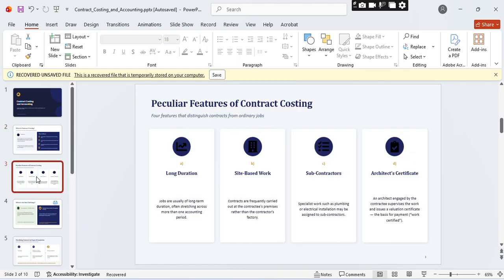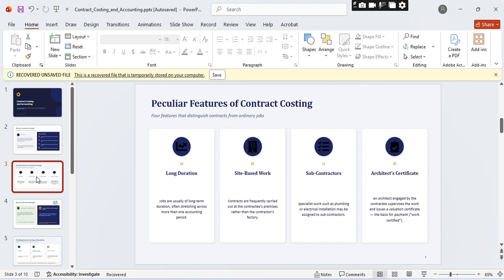So, what are the peculiar features of contract costing? We've stated four features that distinguish contract costing from ordinary job costing. Number one is the long duration. Jobs are usually of long-term duration, often stretching across more than one accounting period. Number two, it is site-based work. Contracts are frequently carried out at the contractee's premises rather than the contractor's factory.